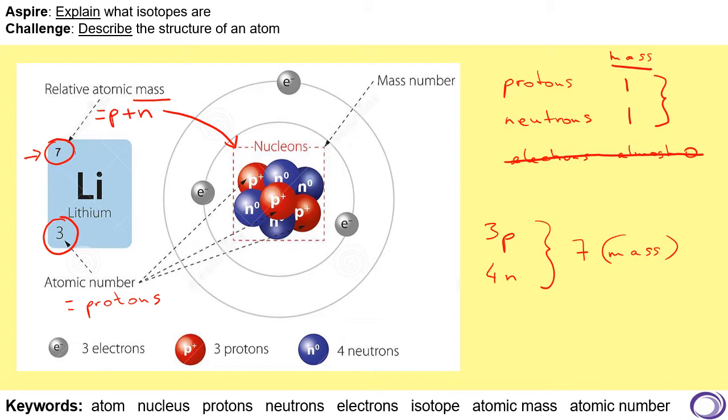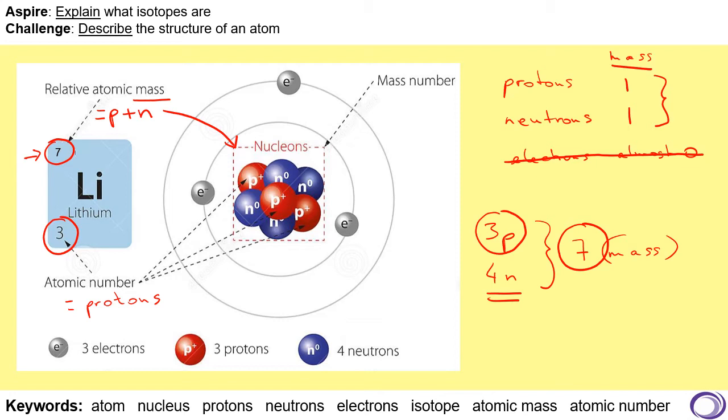So I know from the periodic table information that lithium has got 3 protons here. I know from the periodic table that my mass is 7, therefore lithium must have 4 neutrons, okay, because protons and neutrons added together gives me my overall mass.